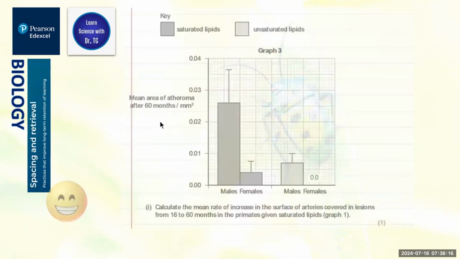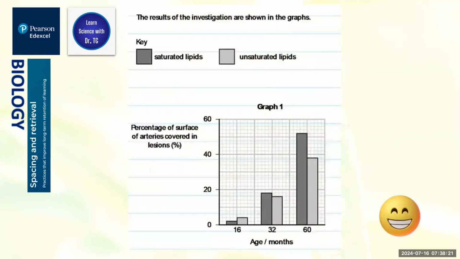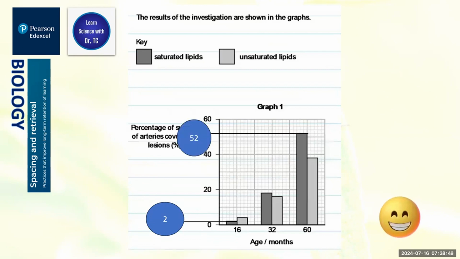Right. When we try to calculate the rate, it is very important to remember: the rate equals the change divided by the time. What is the change? The percentage of surface of arteries covered in lesions is the change. So 16 to 60, that's the difference you take, and you divide by the time. At 16 months the saturated lipid is 2, and at 60 months the percentage increased to 52.